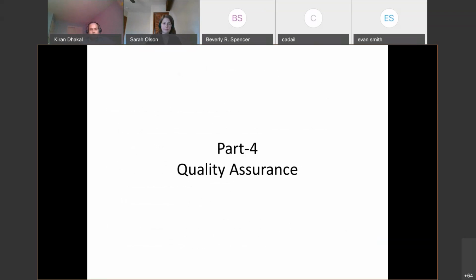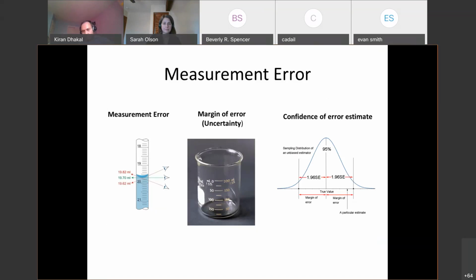Now I'm going to move on to the final part of my presentation, quality assurance. Measurement error. With every measurement, there is some kind of error.